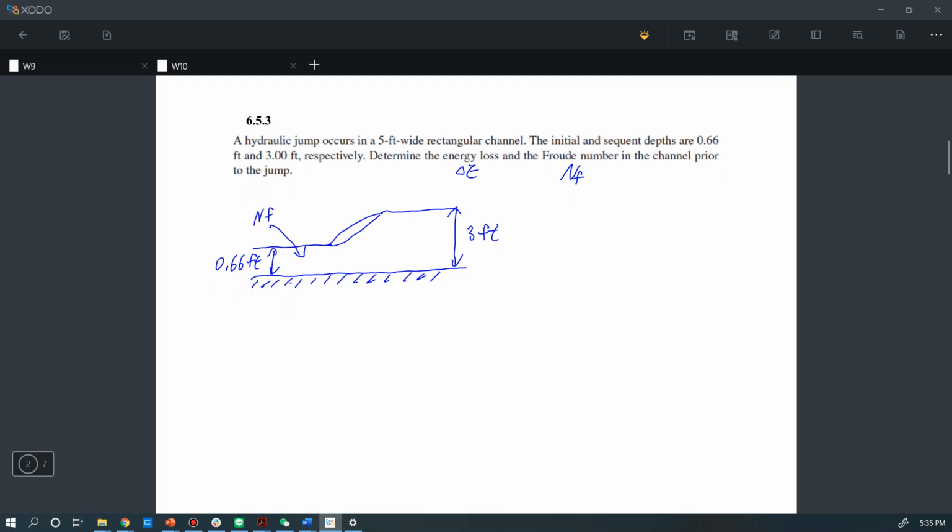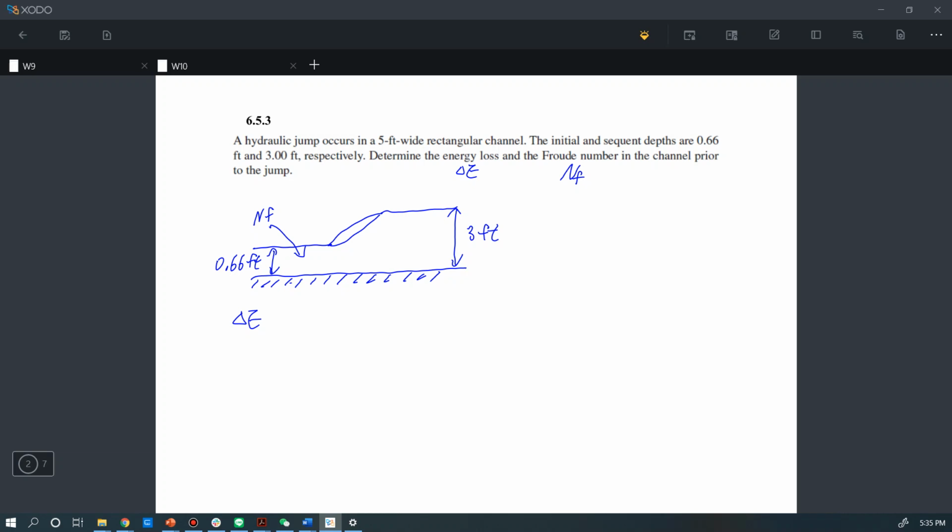in the channel prior to the jump, which is the Froude number at this region. Okay, so for delta E, the energy lost, we can use equation 6.2 from the textbook.